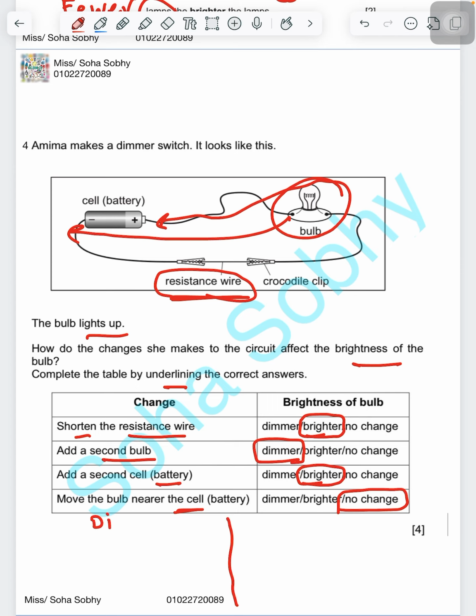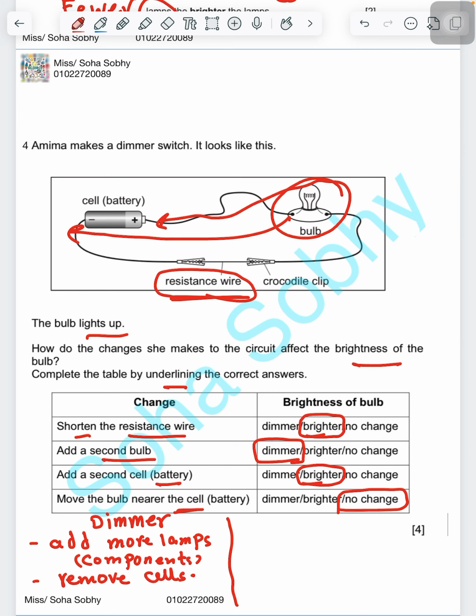If you want to make the lamp dimmer, you should add more lamps or components, or if you have more than one cell or battery, you can remove cells or batteries, or use a longer and thinner wire.